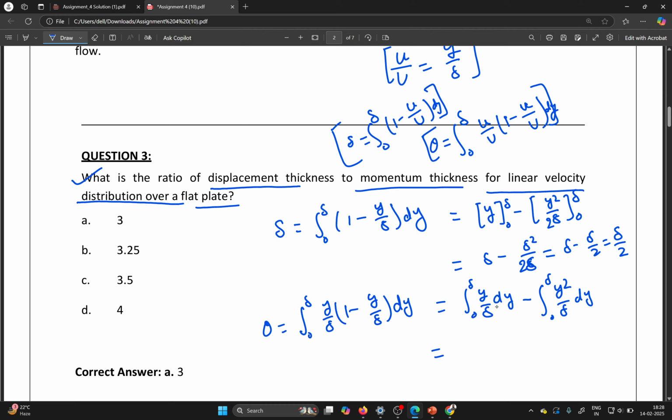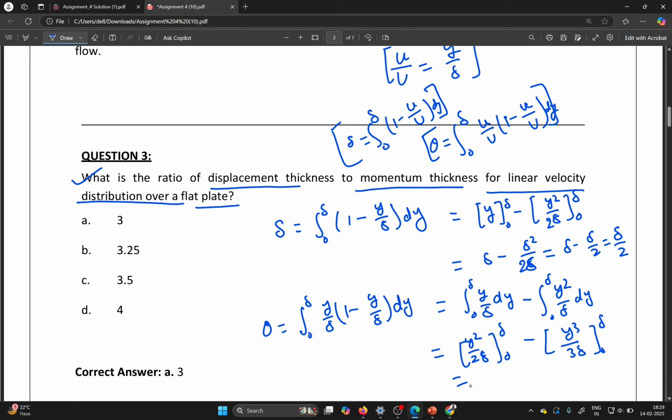This gives y square by 2 delta from 0 to delta, and y cube by 3 delta square from 0 to delta.